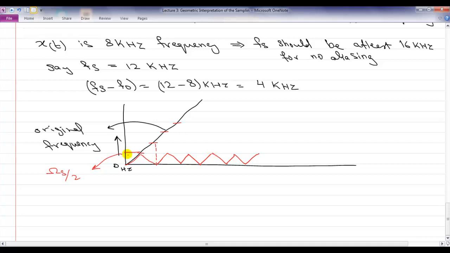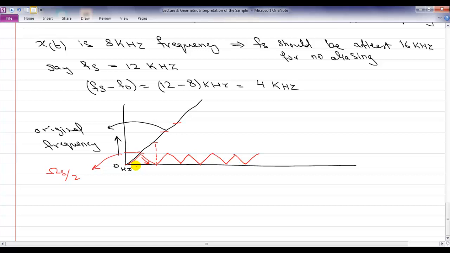But how the aliasing happens is that higher frequencies first start falling down. You keep on going from 4 kilohertz to, let's say, 8 kilohertz. Your recovered frequency keeps on going down. Eventually it hits 0. Sampling at 8 kilohertz will give you 0. Now you go to 9 kilohertz, it will start increasing again. 9 kilohertz will appear as 1 kilohertz. 10 kilohertz will appear as 2 kilohertz. 11 kilohertz will appear as 3 kilohertz. 12 kilohertz will appear as 4 kilohertz.